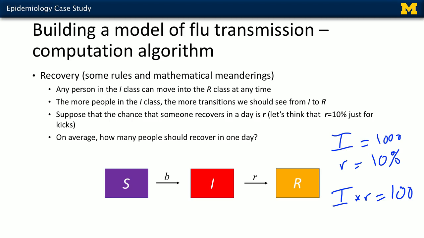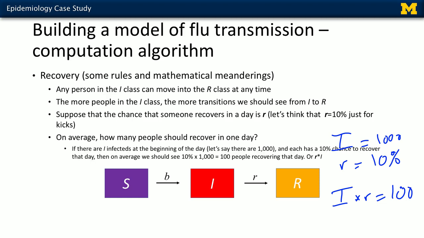So on a given day, when I have 1,000 people infected, if the recovery rate is about 10% per day, then I should see about 100 people recovering on that day. That's written there in the bullet. The main thing to think about is that the number of people I should see recovering every day should be my rate times the number of people that I have, or R times I.